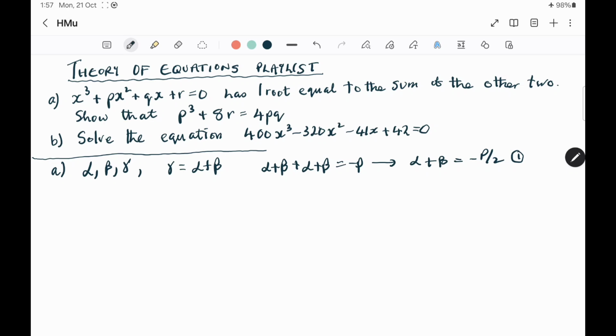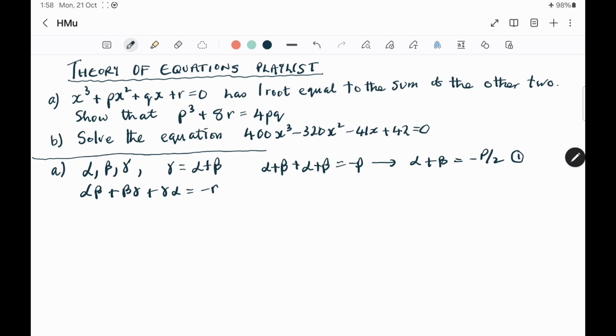And secondly, if we use this property of the equations, alpha beta plus beta gamma plus gamma alpha, that's the sum of the roots taken in pairs, equals q.